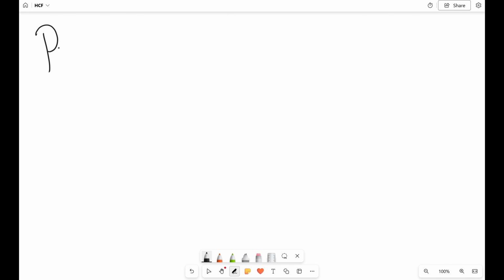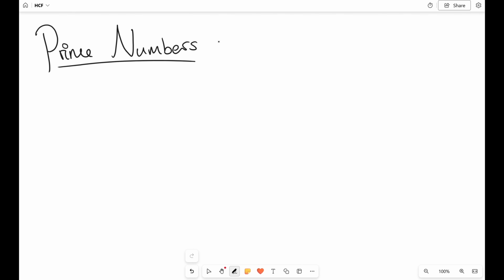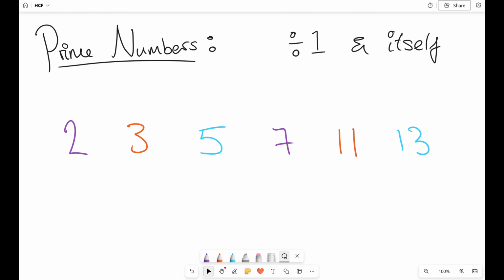For this method of finding the highest common factor, you need to know what your prime numbers are. A prime number is a number that can only be divided by 1 and itself. I'm going to list some prime numbers for you. You can keep going, but essentially they have no factors.